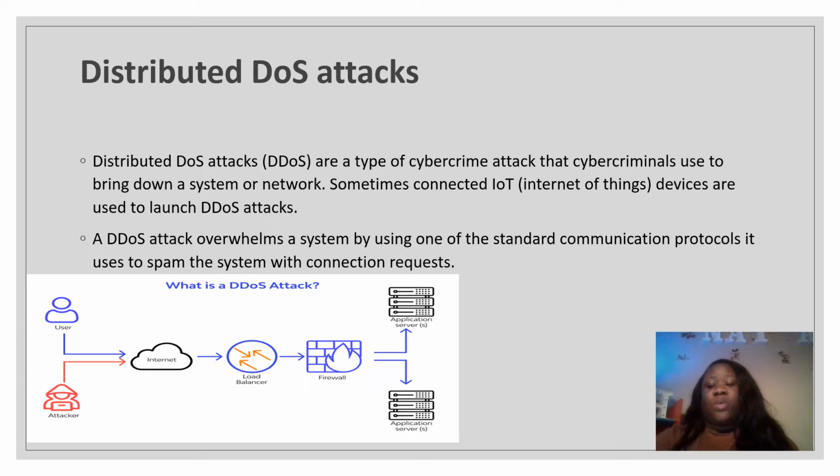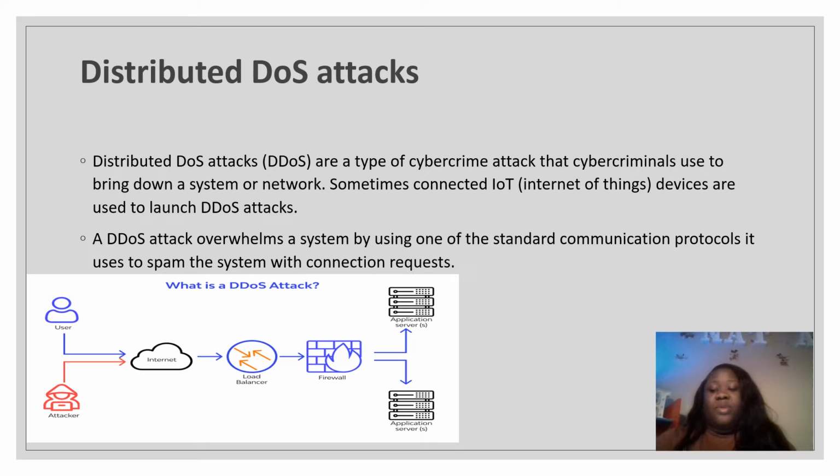A DDoS attack overwhelms a system by using one of the standard communication protocols to spam the system with connection requests. Cybercriminals who are carrying out cyber extortion may use the threat of a DDoS attack to demand money. Alternatively, a DDoS may be used as a distraction tactic while other types of cybercrime take place.